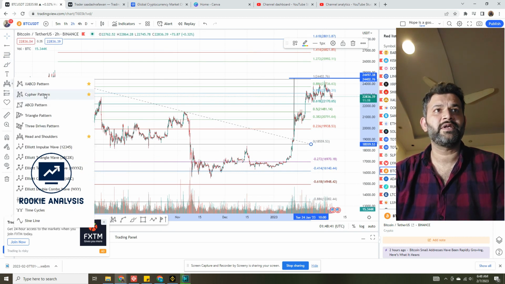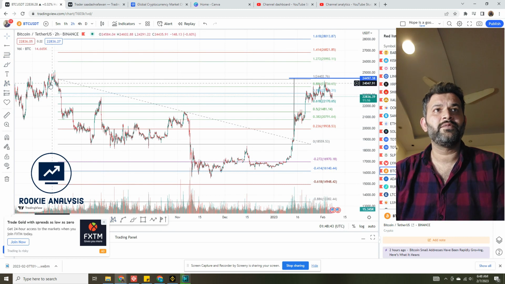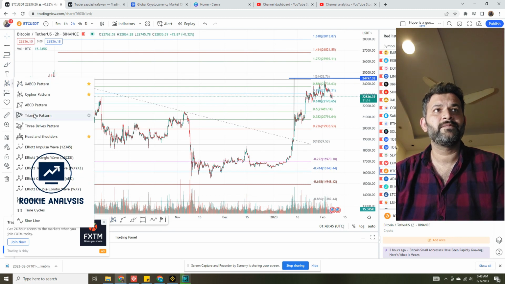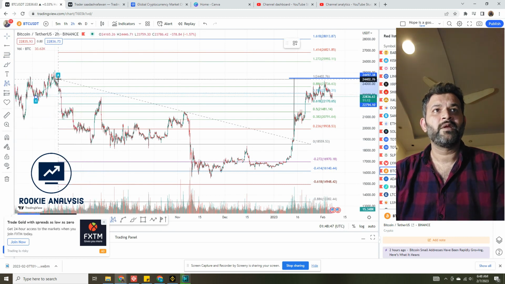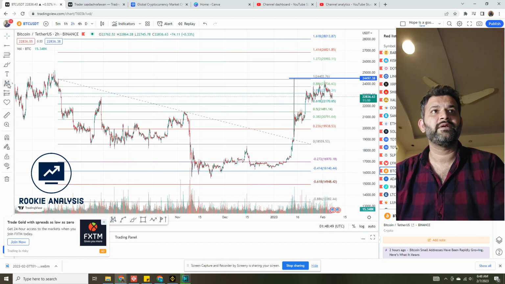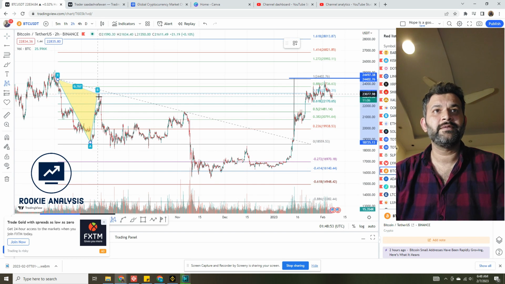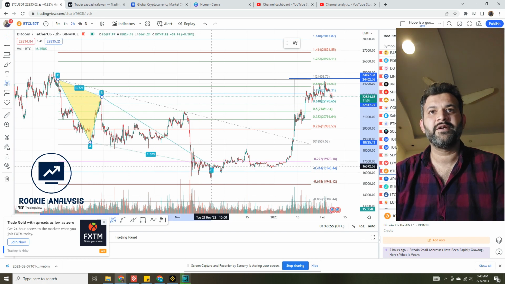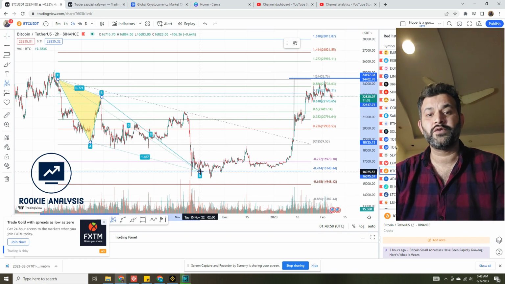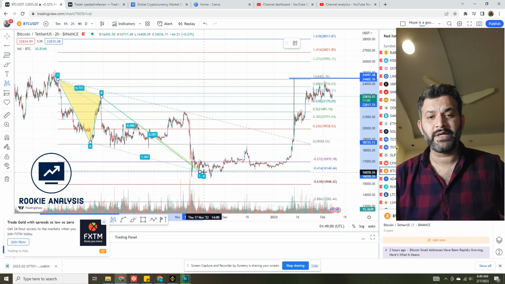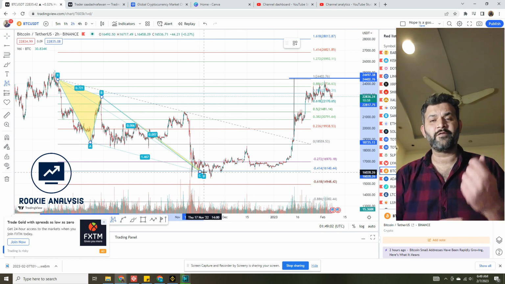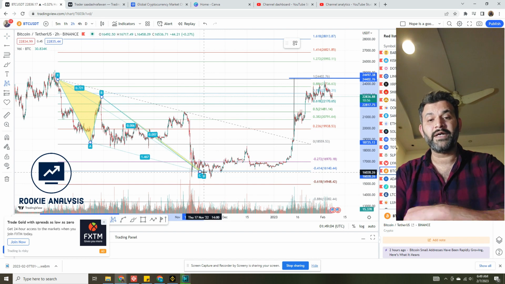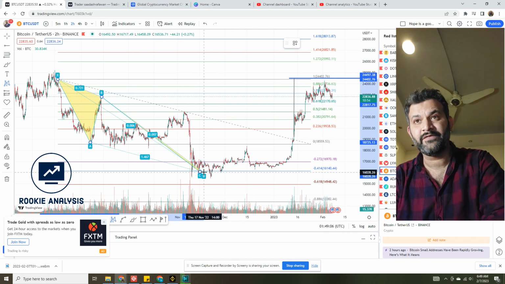Okay, so on the previous chart, hold on, Cipher pattern. This is our XC leg, 0.618 retracement. It went down to 0.414. Those who are following me know that if the point of reversal is from 1.272, minus 0.272 in negative, the projected target will be 0.618 of the retracement.